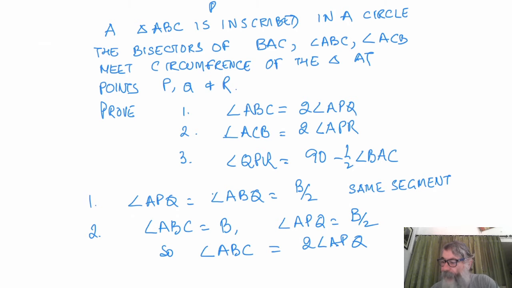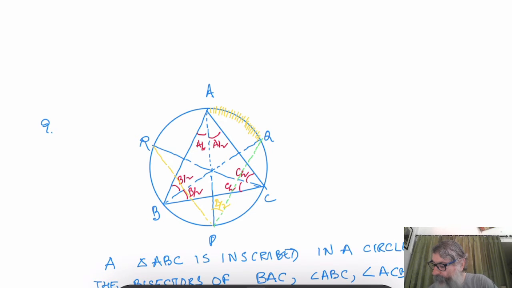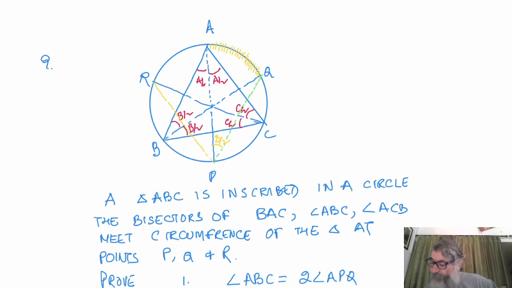The other thing which we have to do is exactly the same way. Let me take green. What we have to prove is that angle ACB is double of angle APR.